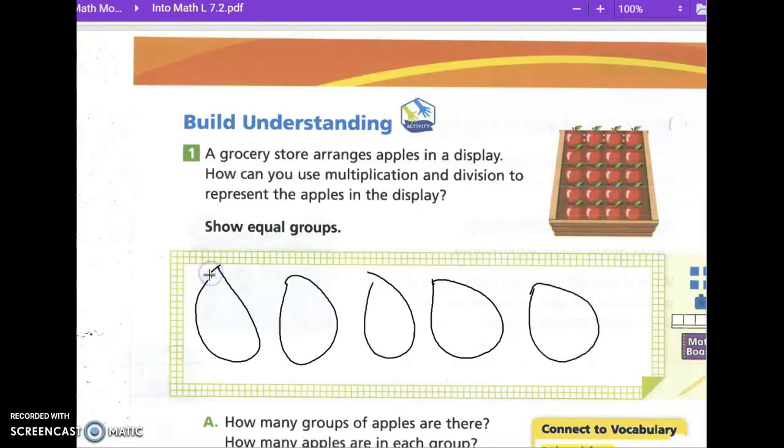Okay. So I have 5 ovals. How many apples are in each row? 4 rows go across. So do something to symbolize 4 apples in each row.